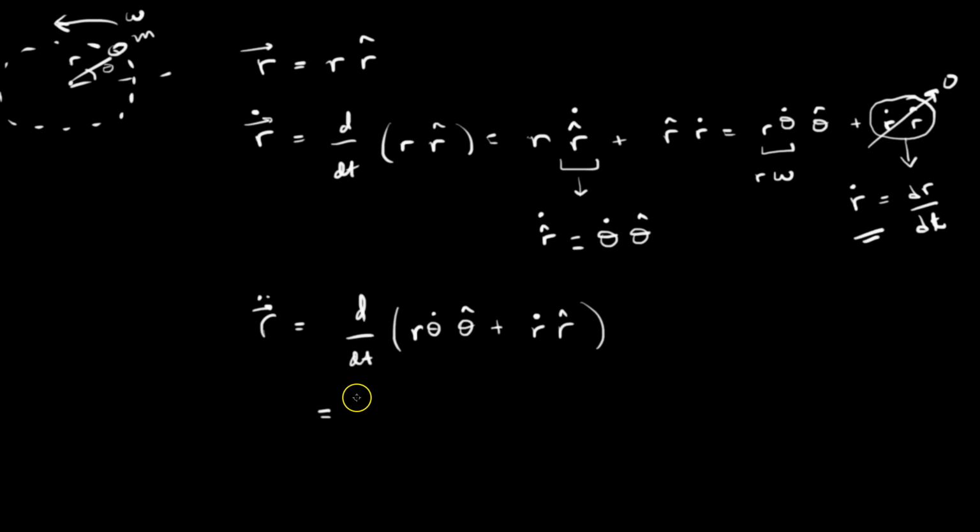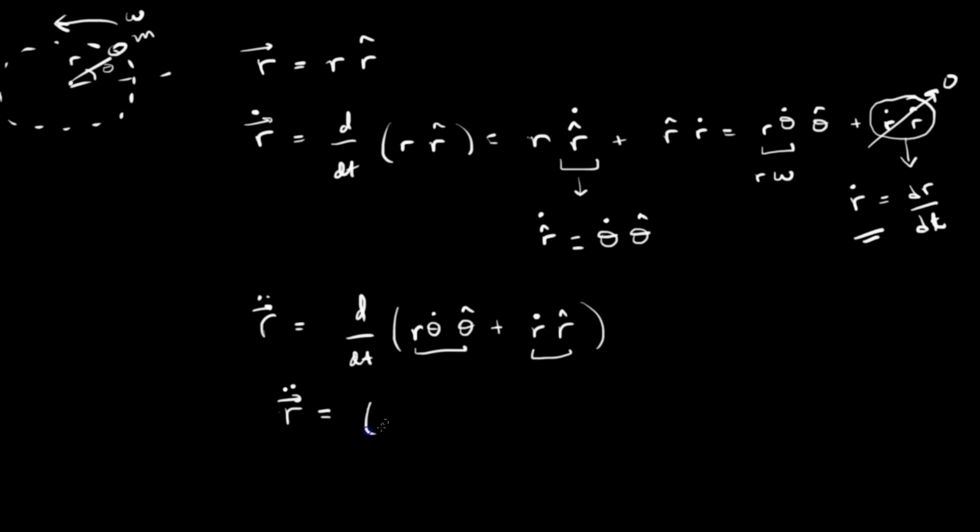I'm just going to tell you the answer. So our double dot, the acceleration is going to be, from my notes, you don't have to memorize this. Well, actually, yes, you do have to memorize this. You don't have to memorize the derivation. You just have to take the derivative, right? This is going to be a triple product rule, and this is going to be a double product rule. It's just a lot of math. So in the end, this is what we get.